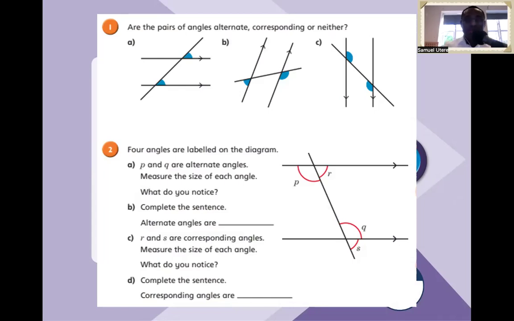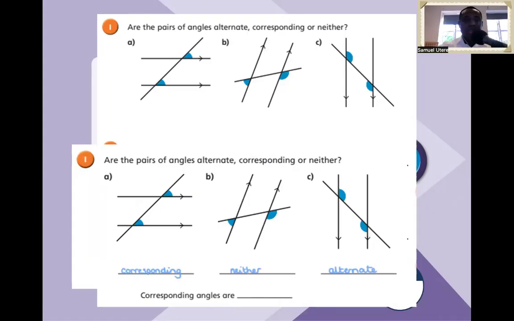Let's discuss them. For question 1, you were simply asked, are the pairs of angles alternate, corresponding, or neither? Here we can see that they are corresponding.